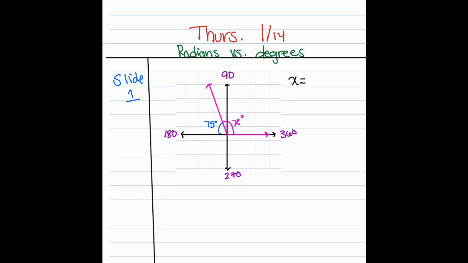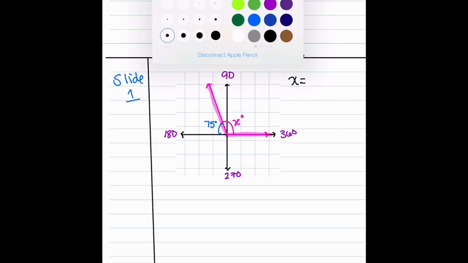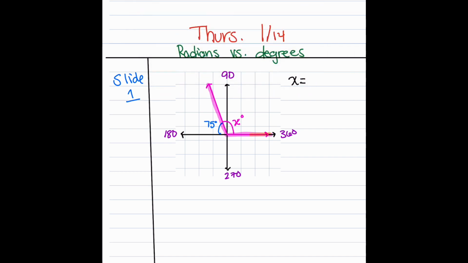Okay, so now that we know the degrees of each quadrant, let's use that to find the value of angle x. So in order to do that, imagine this pink angle, imagine this pink arm here got cranked all the way down flat, right? Then that angle would be 180 degrees because the flat line is 180 degrees.